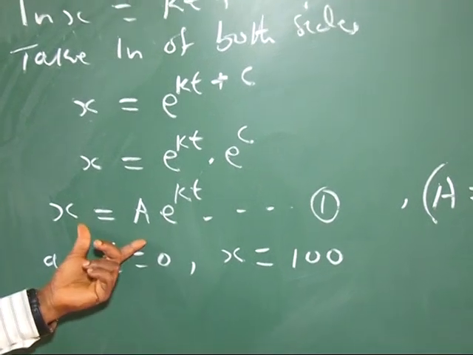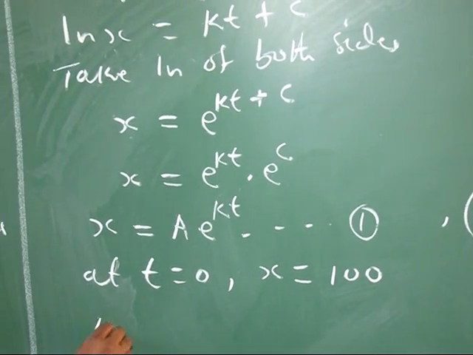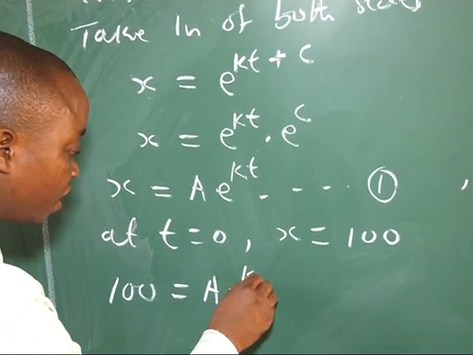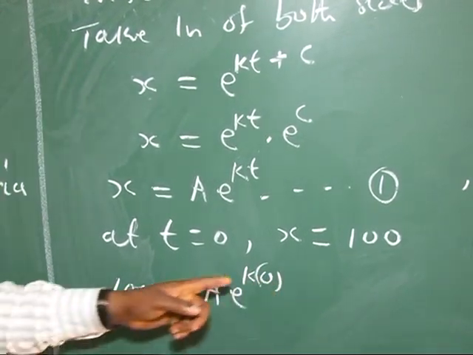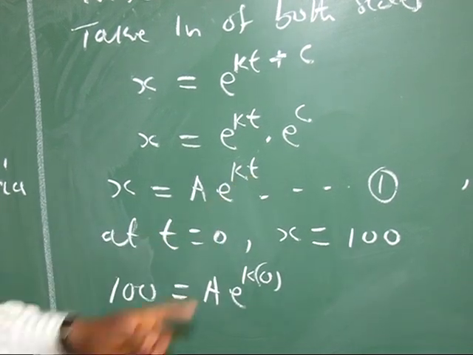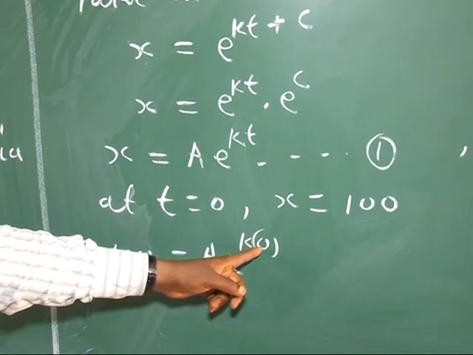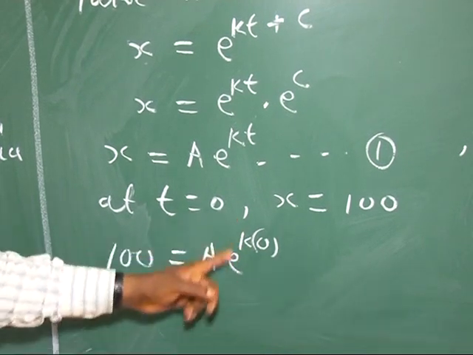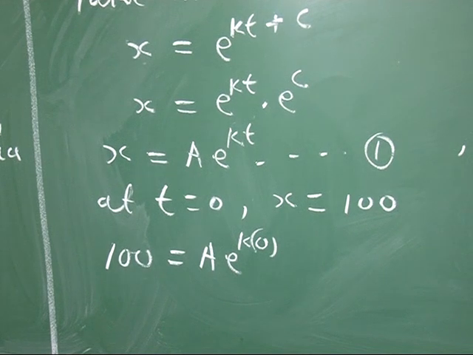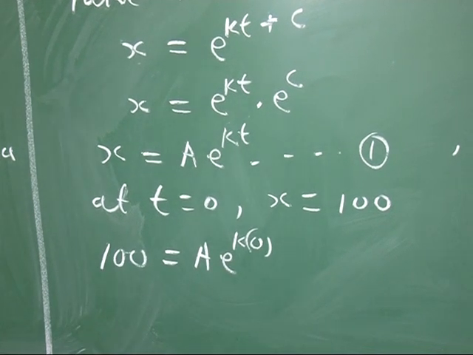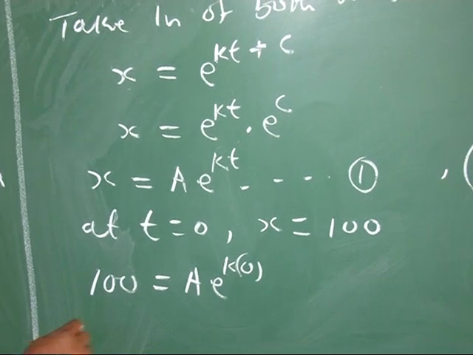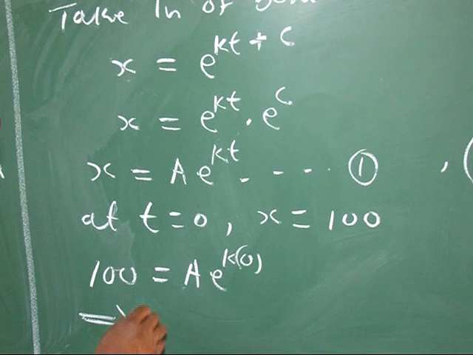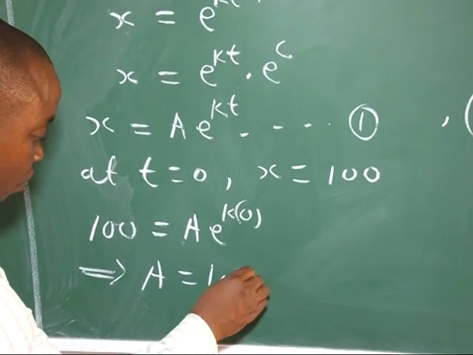So from equation 1, we write 100 equals A exponential k times 0. We know that 0 times k is 0, and we have exponential 0. Anything raised to 0 is 1. So that means A is 100.